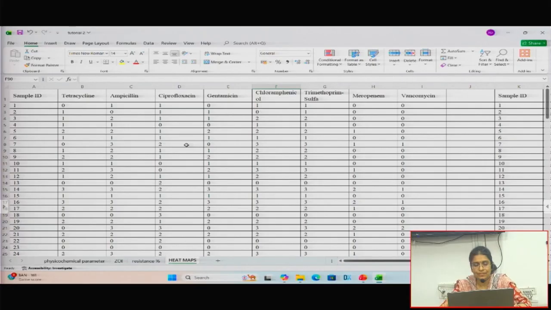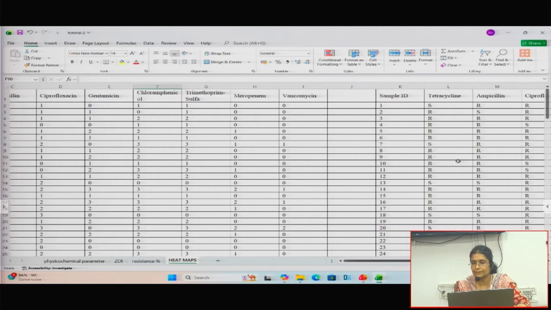In the next sheet, which is labelled heat maps, again you have the 40 samples, but this is a different data. I have 8 different antibiotics' data. The 0, 1, 1, 0 and so on indicate the number of colonies.